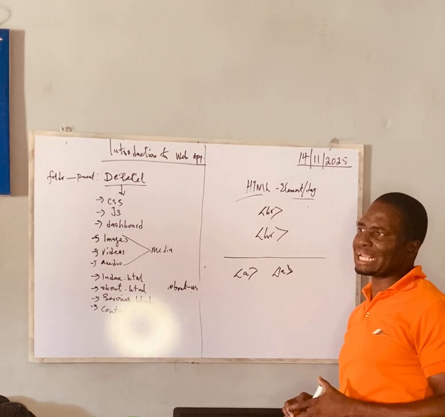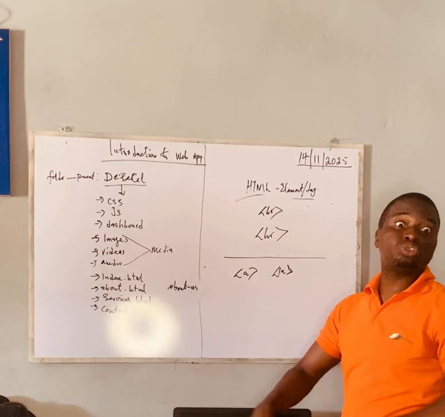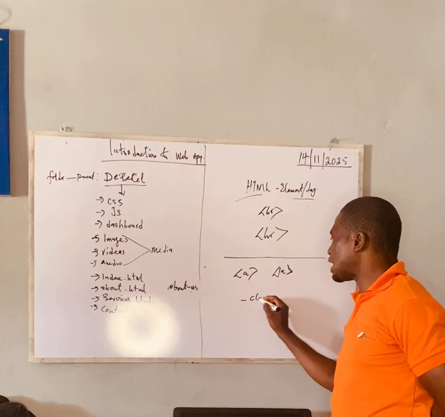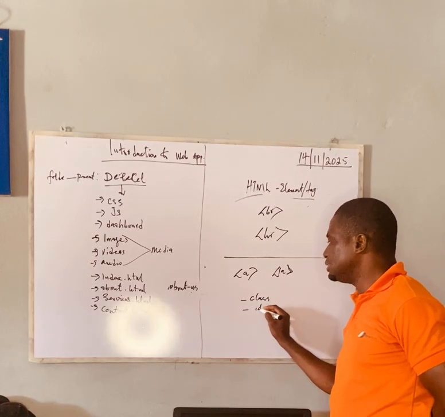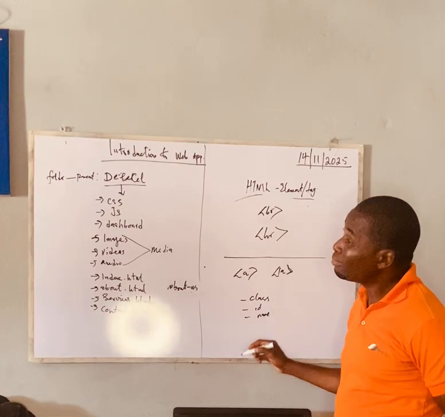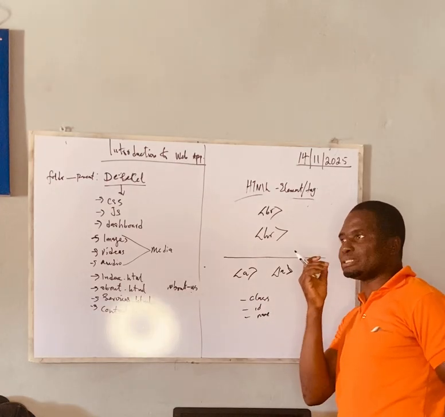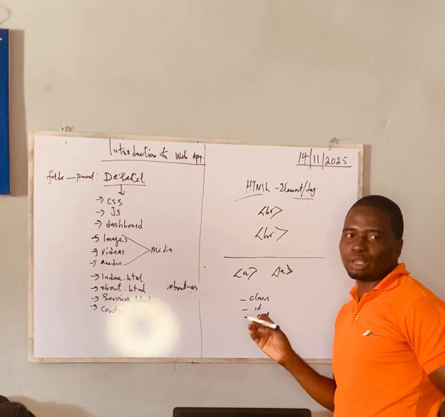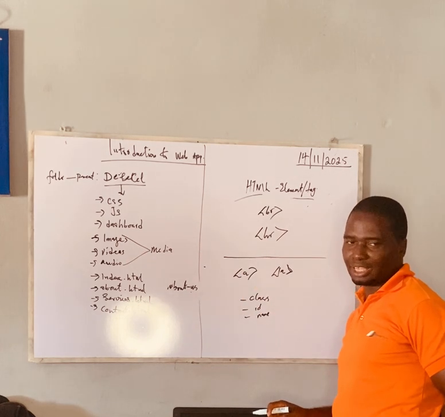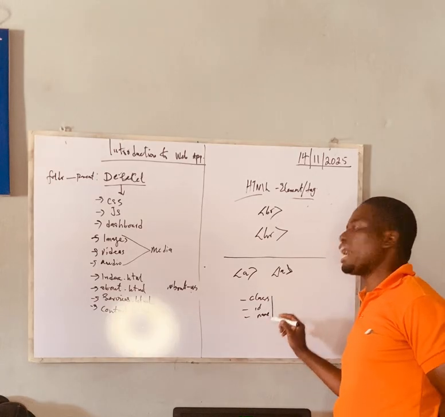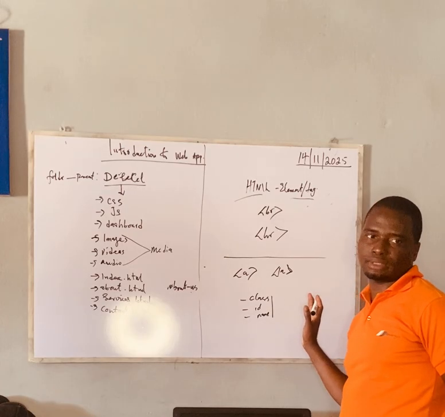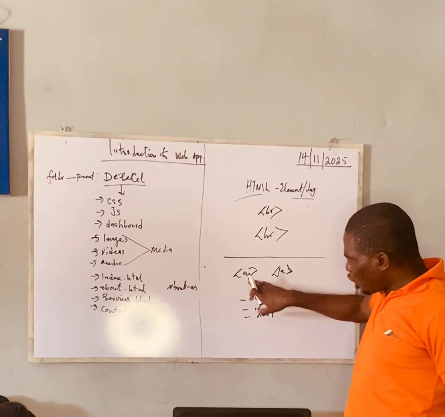And when we say basic attribute, we mean it is a common attribute. Examples of common attributes are class, ID, name. No, placeholder is peculiar because it's only peculiar to form. You understand it now? So these three are very basic. Every tag can accommodate them. Are we together?